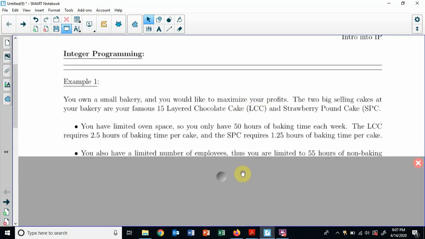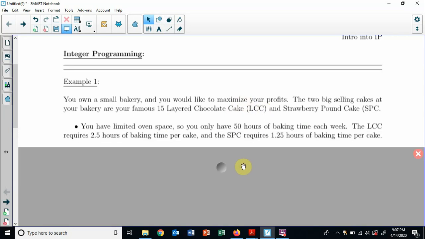As a small bakery, you have limited oven space. You only have 50 hours of baking time each week. The layered chocolate cake takes 2.5 hours of baking time per cake, while the strawberry pound cake takes 1 hour and 15 minutes of baking time per cake.